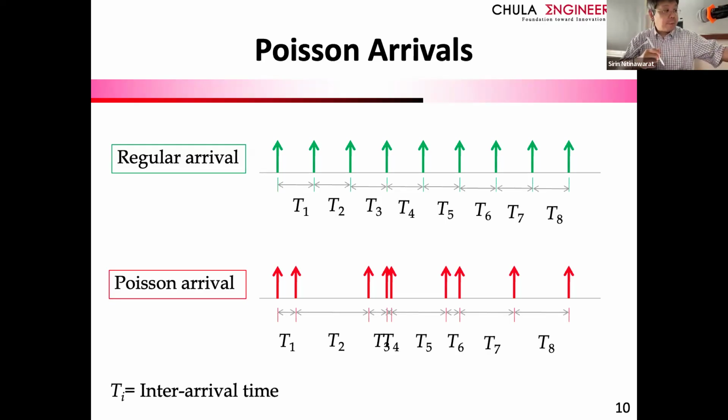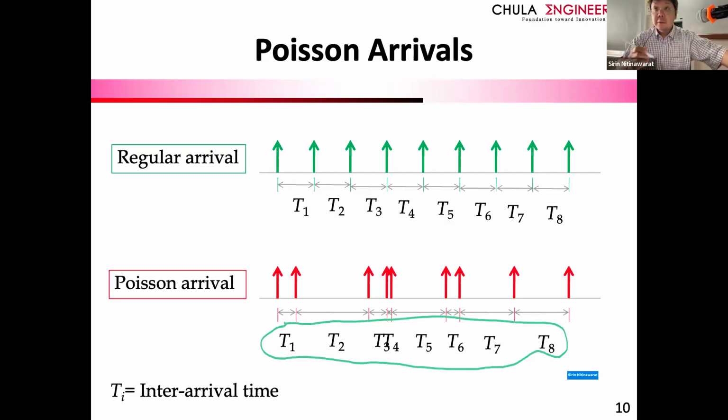So with the description of the Poisson process that I have described, what do you think should be the distribution of the inter-arrival times for the Poisson arrival?